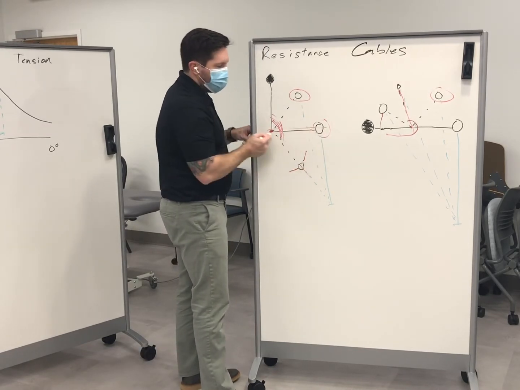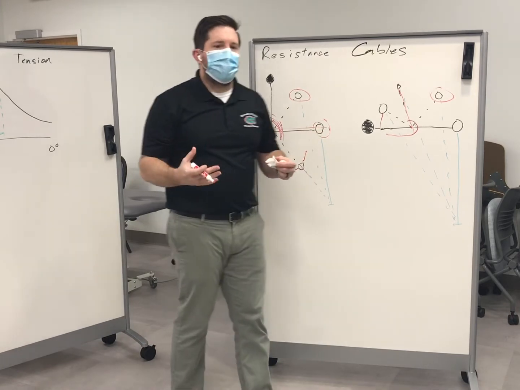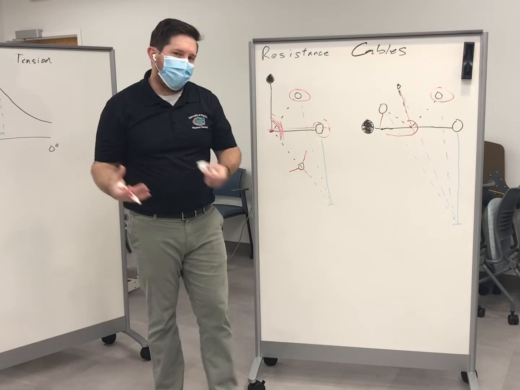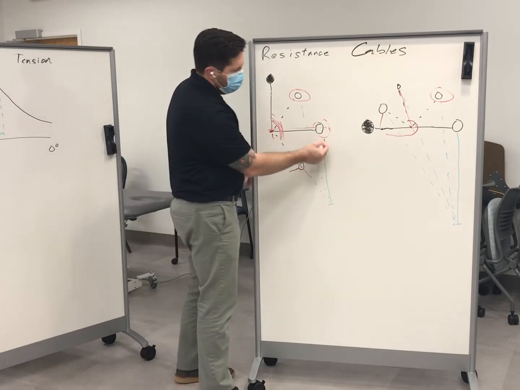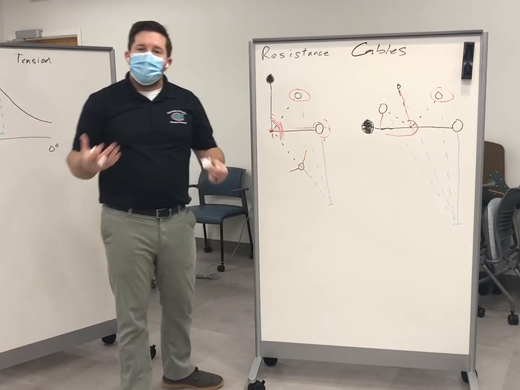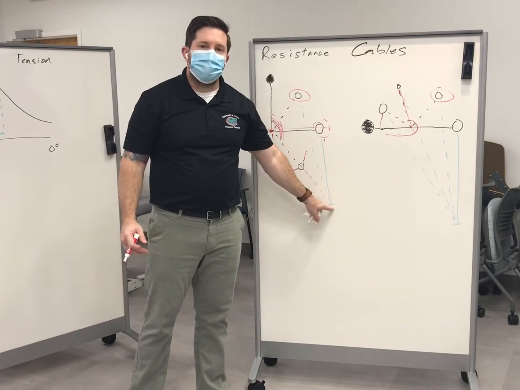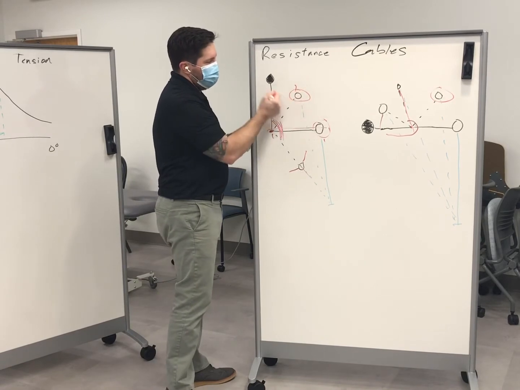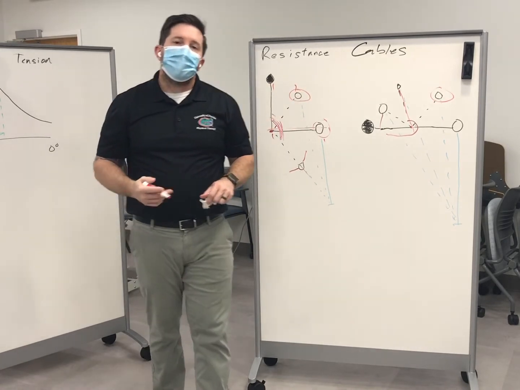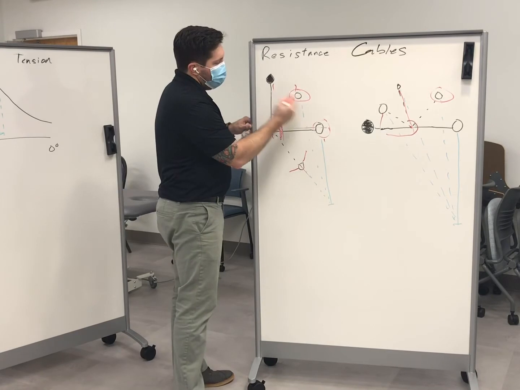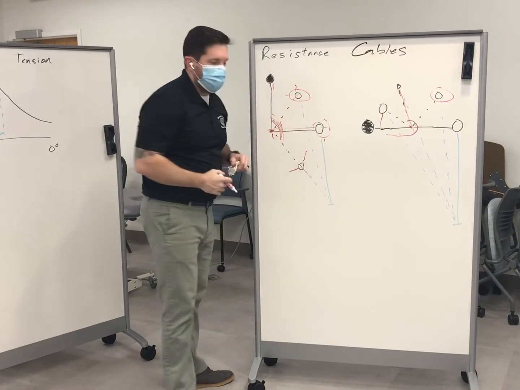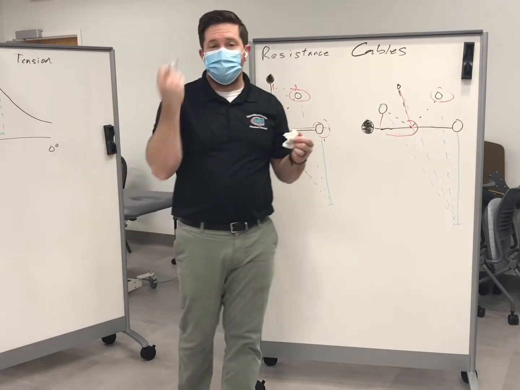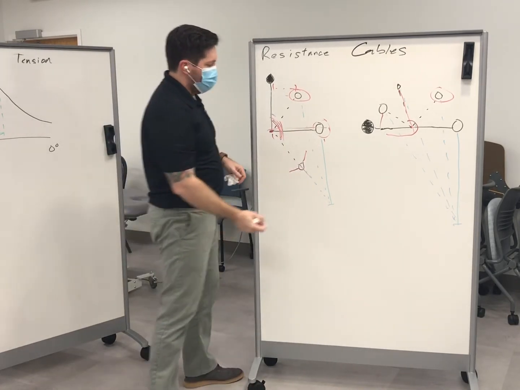So this goes back to probably being the most amount of resistance that that cable machine can create, because this is your maximum length of the lever arm based off of where that cable is anchored down. As I bend more, I start to decrease the distance from the axis of rotation, and therefore it becomes easier as you get towards the end as far as the resistance that this is creating.